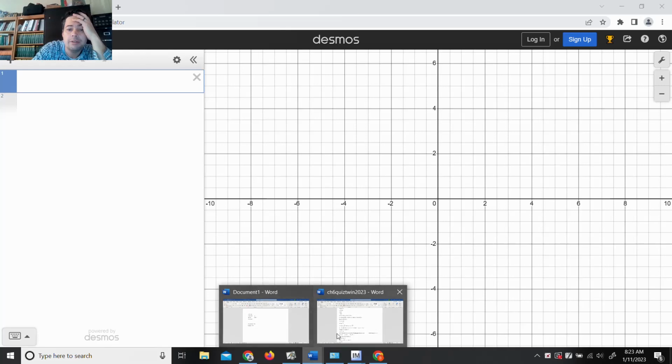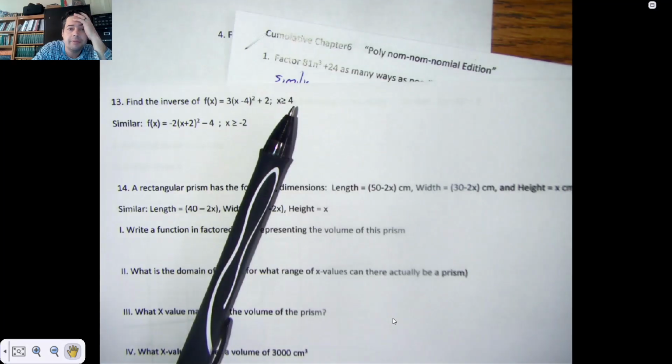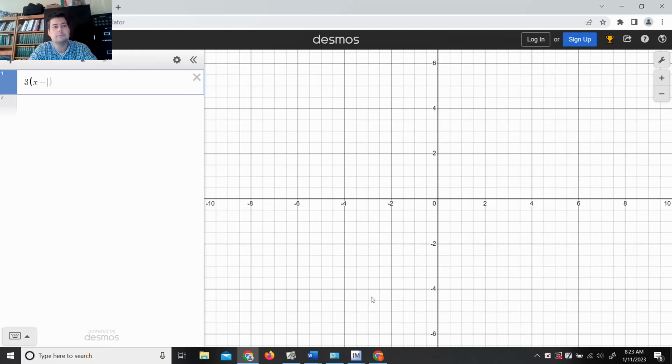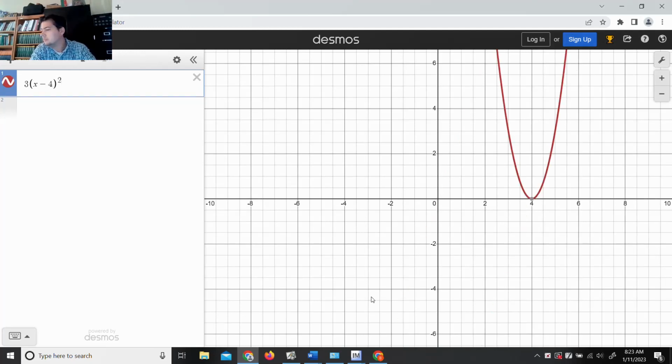Alright, so I've lost my place here, but that's what I need. That was 3 times x minus 4 squared plus 2. Oh, sorry, I'm doing the wrong function here.